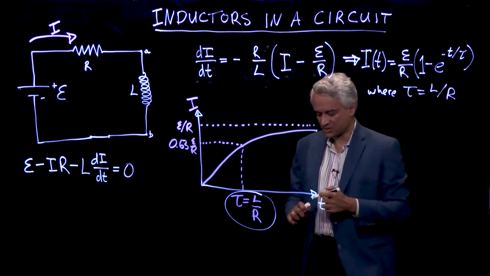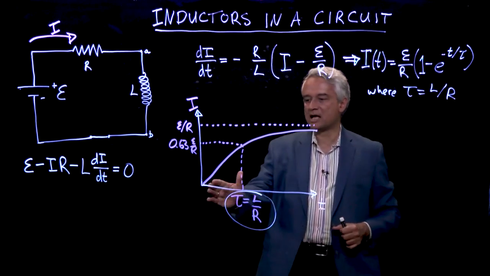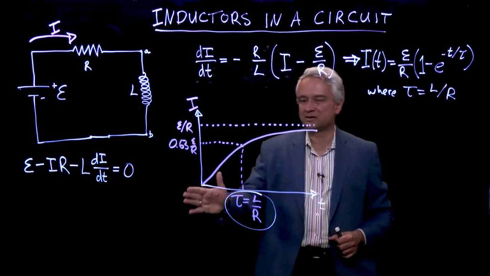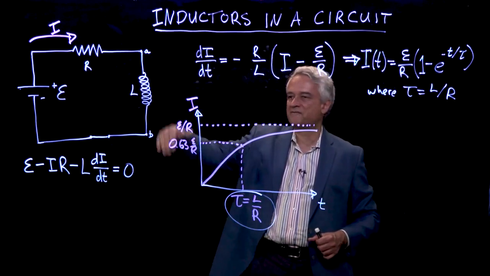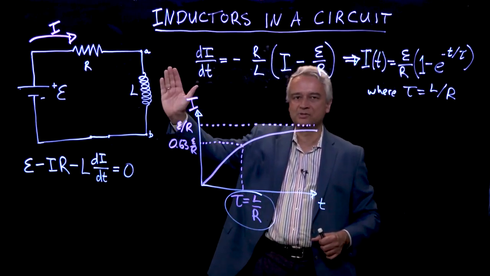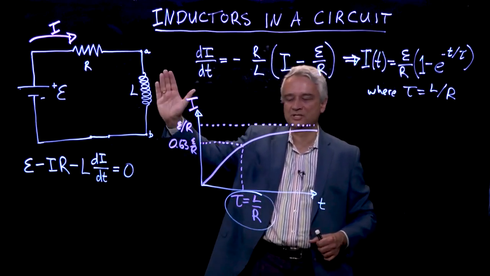And what does this solution describe? Well, it describes a current that's 0 initially, because when you first close this switch, the inductor fights the battery to a draw. No current flows initially.